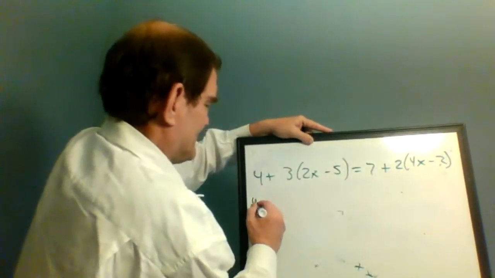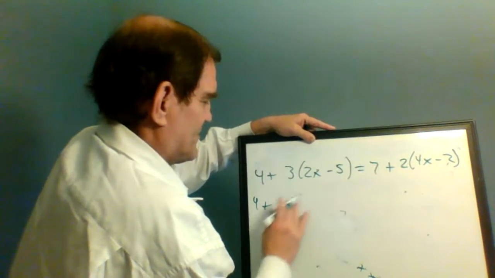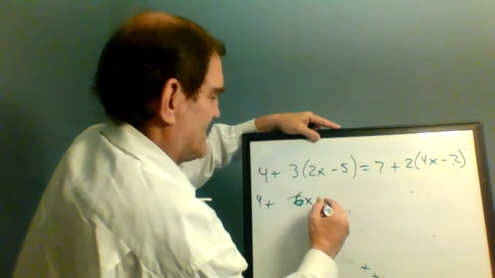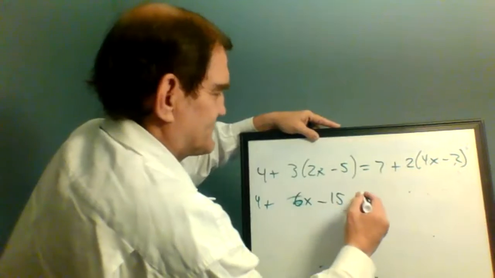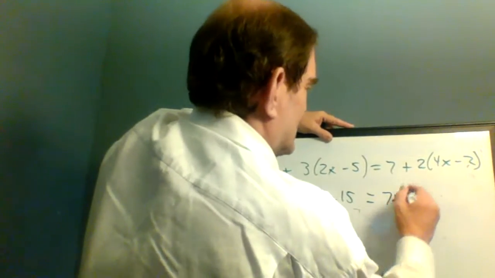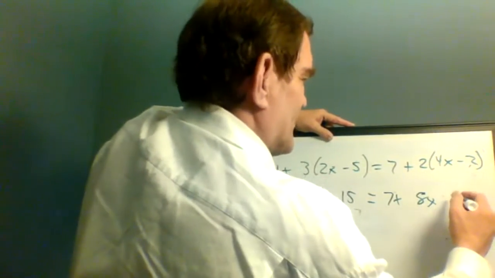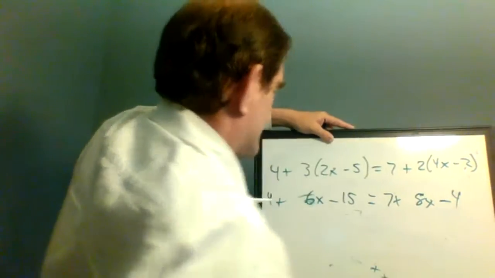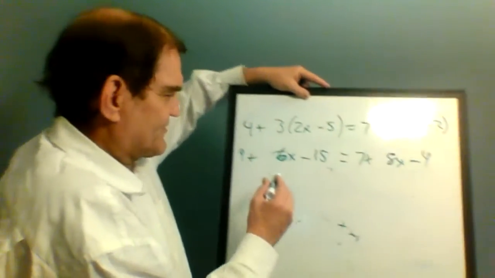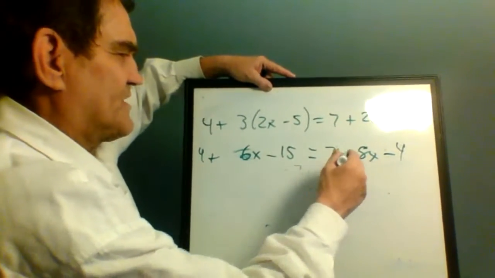You get 4 plus 3 times 2x, which is 6x. 3 times negative 5 is minus 15. That's equal to 7 plus 2 times 4x, which is 8x, and 2 times 2 is 4, minus 4. So now you have it down to 4 plus 6x minus 15 is equal to 7 plus 8x minus 4.